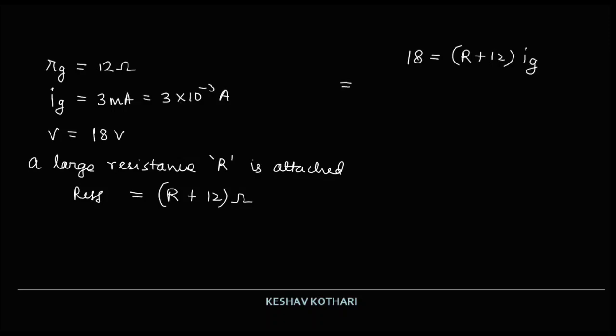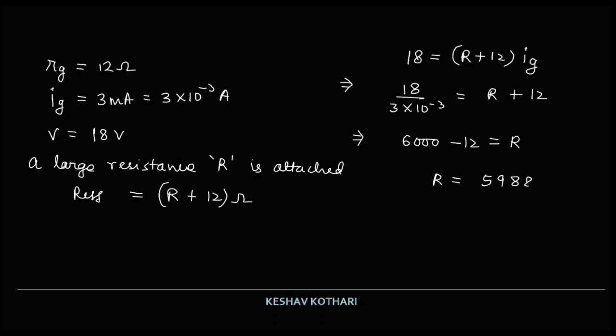So if we solve this out, we write it as 18 upon 3 into 10 to the power minus 3 is equal to R plus 12. So we have 6000 minus 12 is equal to capital R, where capital R will come out to be 5988 ohm. So this is the external resistance that must be connected along with the galvanometer to convert it into the voltmeter of the required range.